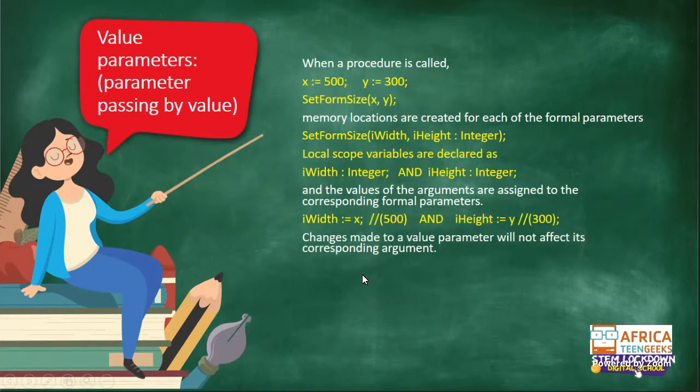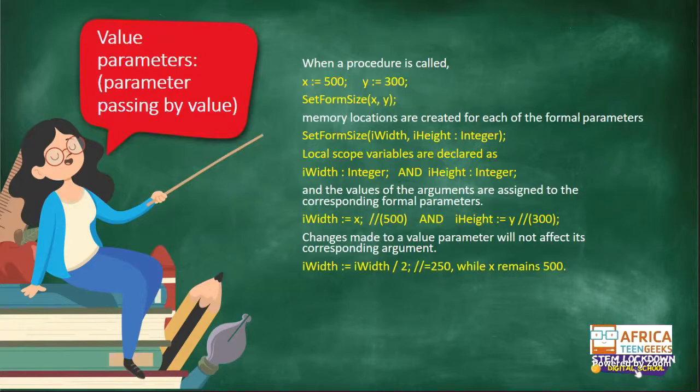Okay, now important. Changes made to the value parameter will not affect its corresponding argument. What does that mean? In other words, if in my implementation of this procedure, for some reason I want to say I width becomes I width divided by 2, in other words, that value of 500 now changes to 250, it doesn't have any effect on the X that was used to call it.